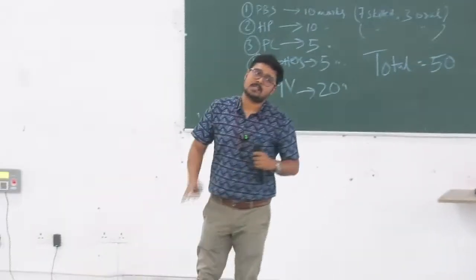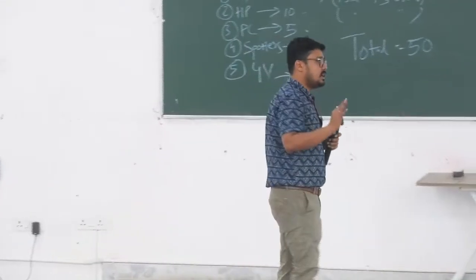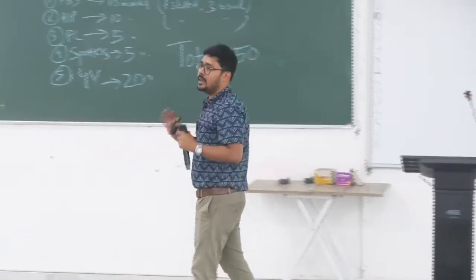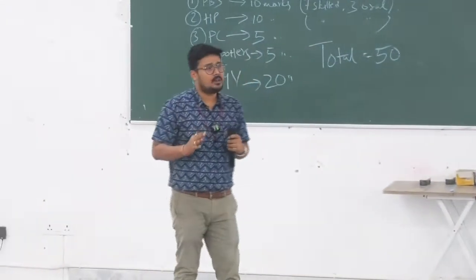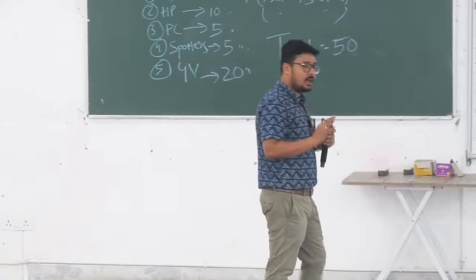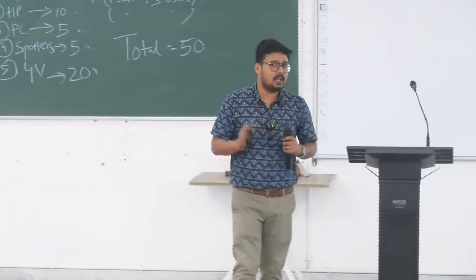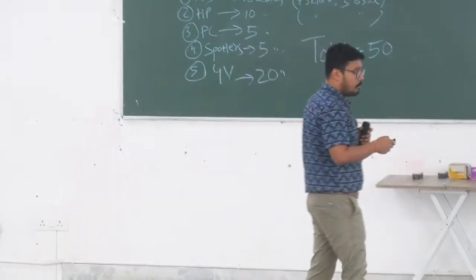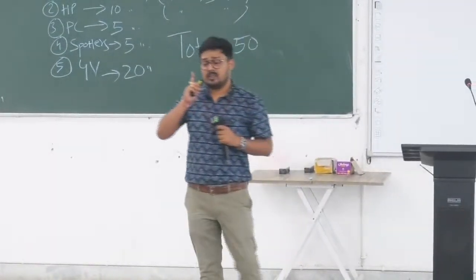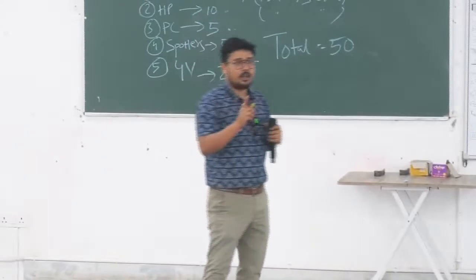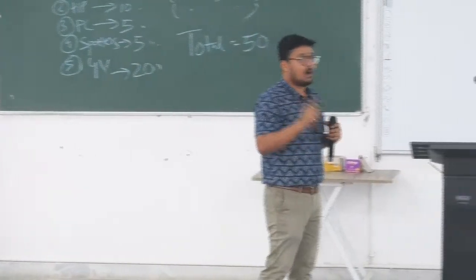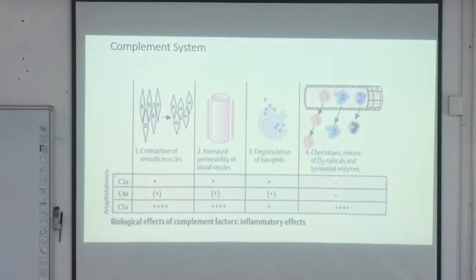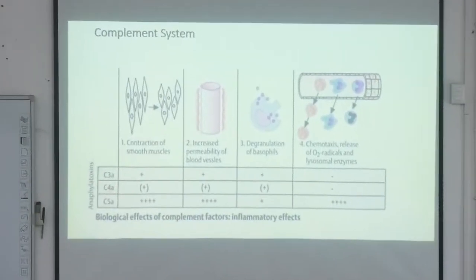Now coming to the plasma-derived mediators. The plasma-derived mediators are mostly complement factors and kinin or coagulation factors. Coagulation will be taught later in your syllabus of the second internal assessment, and complement will be taught in your microbiology. But the byproducts of the complement system are important in acute inflammation. These are the byproducts: C3a, C4a, and C5a.